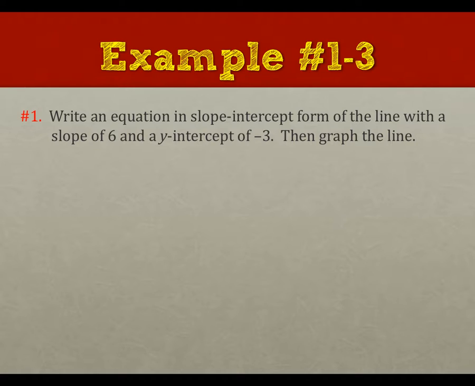We're not going to worry about graphing now. Is it safe to assume that you can all graph? Yeah. Right? Because you put a point at -3 on the y-axis, then count up 6 and over 1, and you're good to go. Line. Good. What's the equation of the line? Y equals 6x minus 3. Bingo. Again, it's not rocket science.